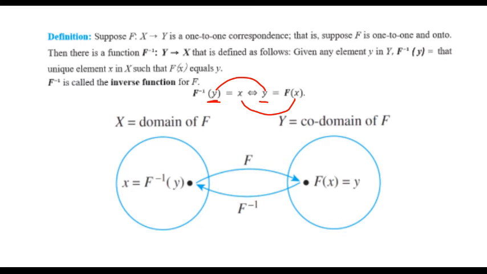So if this element of the domain x is mapped to this element of the codomain y, then f inverse maps in the opposite direction, mapping the same element of the codomain to the same element of the domain, correct? So when f maps x to y, f inverse maps y to the same x. So the direction of the mapping is the opposite for a function and its inverse.